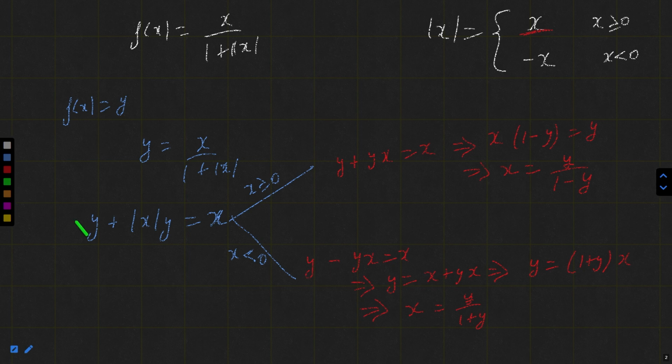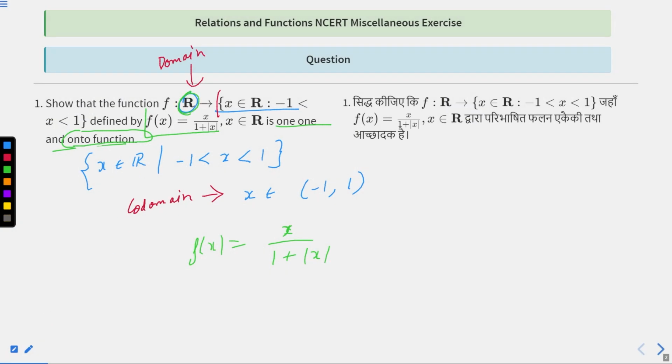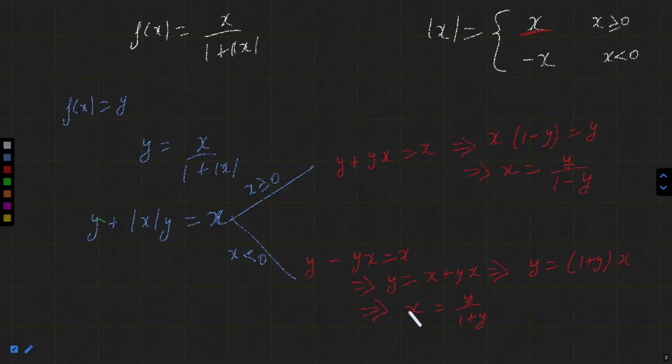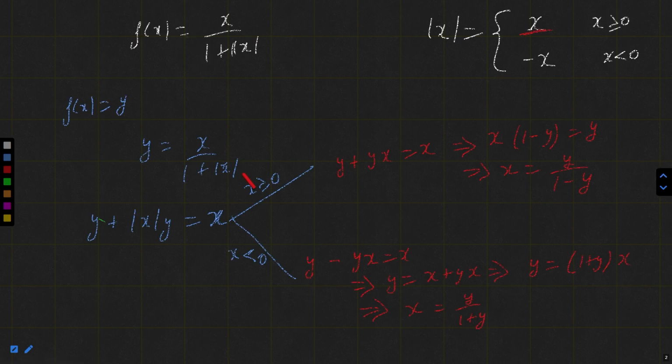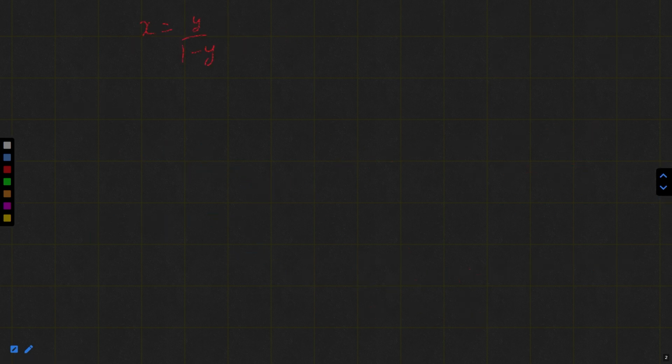As we know, x belongs to the domain, and the domain is R, the set of all real numbers. So we have two equations. First, x is equal to y by 1 minus y when x is greater than or equal to 0, so this expression is also greater than or equal to 0.